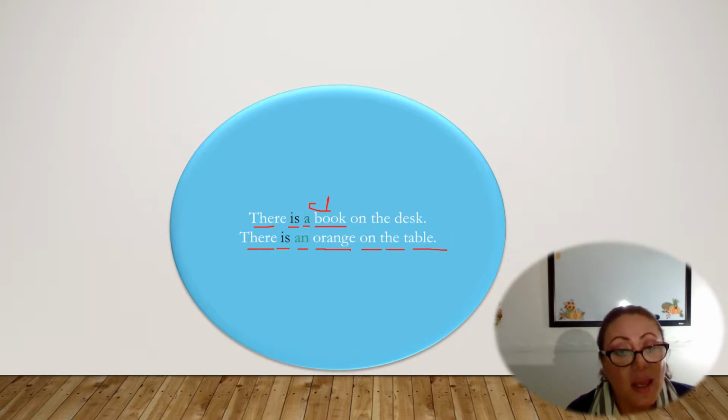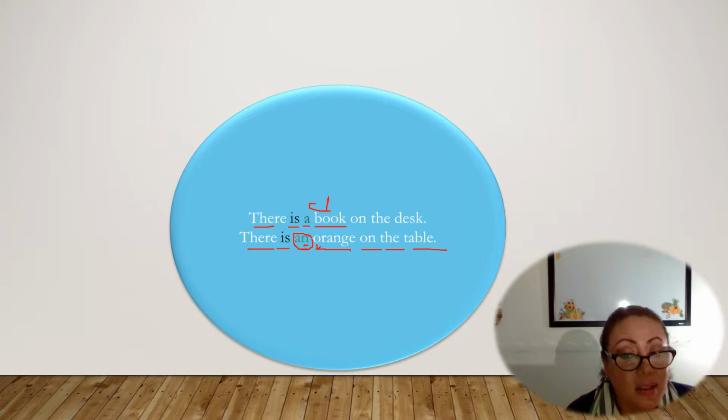There is an orange on the table. The noun starts with a vowel, so I need to put the article N before the vowel, okay? And because orange, I can say 1 orange and 2 oranges, I need to put the word A and N. Pay attention to this.